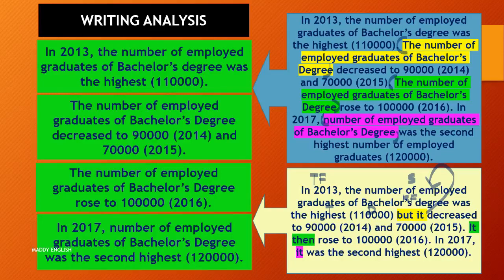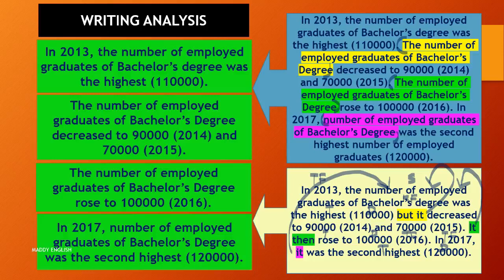It then, again, I use the pronoun it to represent the number of employed graduates of bachelor's degree, rose to 100,000 in 2016. In 2017, it again is a pronoun to replace the same subject that we're talking about, was the second highest, 120,000.